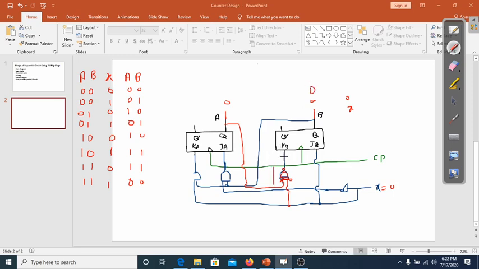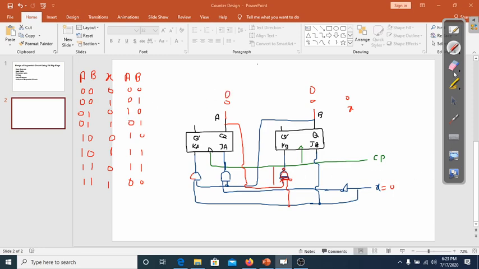Whereas in this case, when x is equal to 0 and A is equal to 0, this KB is also 0. So for JA, we see here it is AND with B and x prime. So this would be also 0 into 1. The AND gate of 0 1 would be 0. So J is equal to 0. This K is B into x. This is also 0. So there will be no change. The state will remain same.